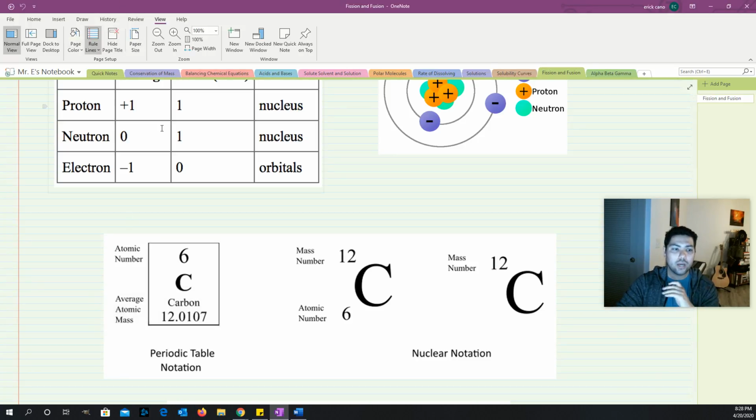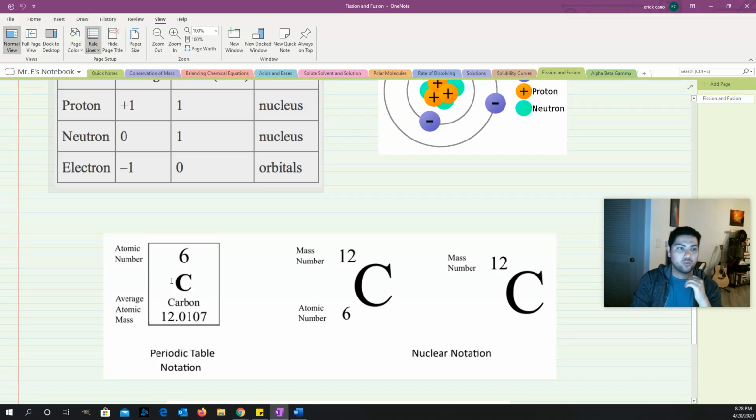All you have to remember is, if you have 6 protons and your mass is 12, the only thing with another weight is the neutrons. So if you have 6 protons, to get to 12, you need another 6, because 6 plus 6 is 12. And that's going to be the neutrons.